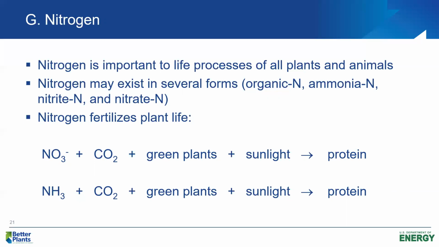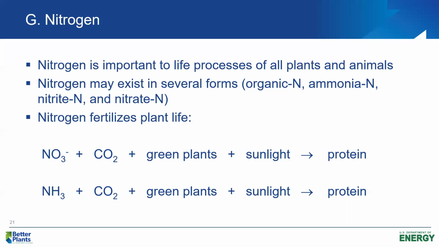Now, we'll add that nitrogen exists basically in four forms in water, wastewater. Organic nitrogen, which is nitrogen tied up with carbon, hydrogen, oxygen. It's, again, nitrogen tied up in organic matter. That's known as organic nitrogen.